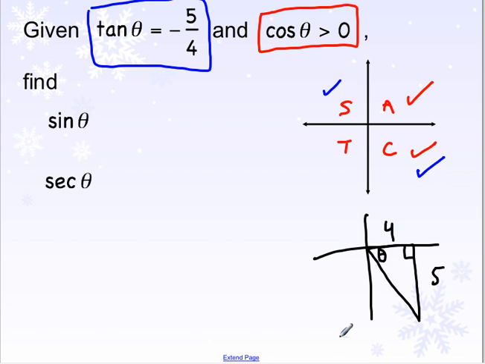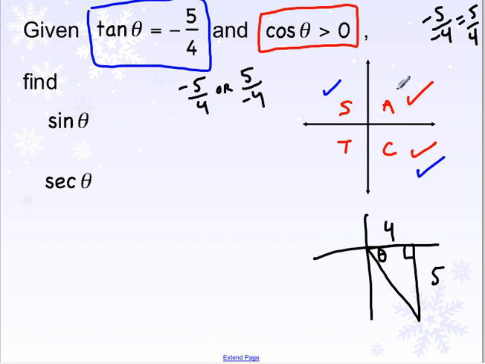Now we need to figure out which one is the negative. Because if I have a negative fraction, it's either the top that's negative or it's the bottom that's negative. But it's not both. If both of them are negative, then you end up with a positive 5/4.